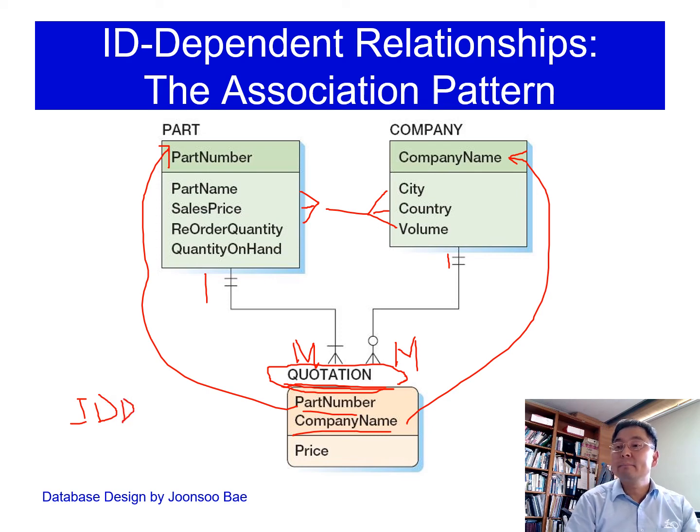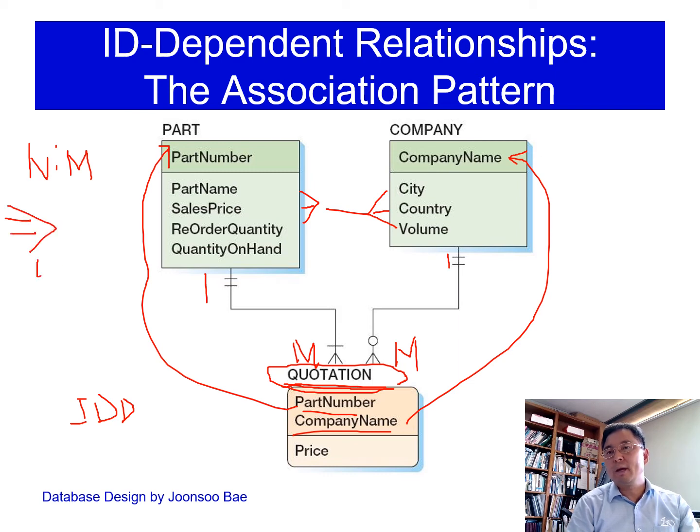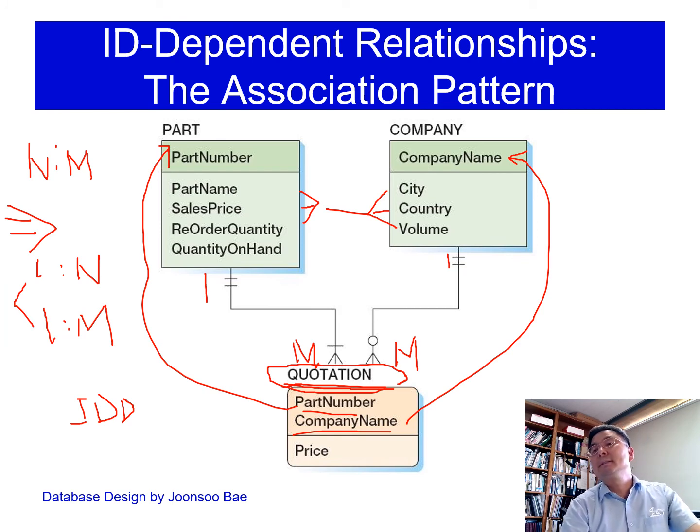Okay, so this is an ID dependent entity, and this type of entity is necessary to transform N to M relationships into 1 to N relationships. This special purpose entity is called an association entity.